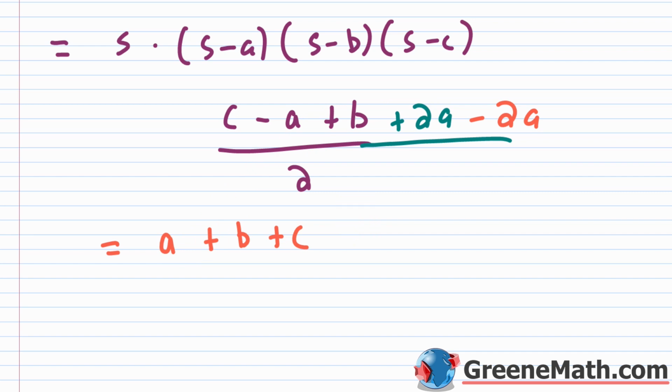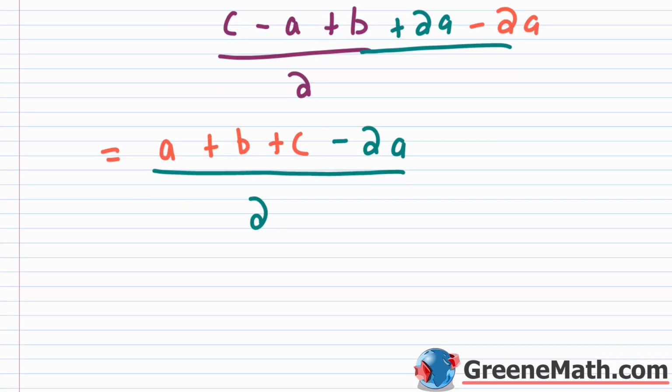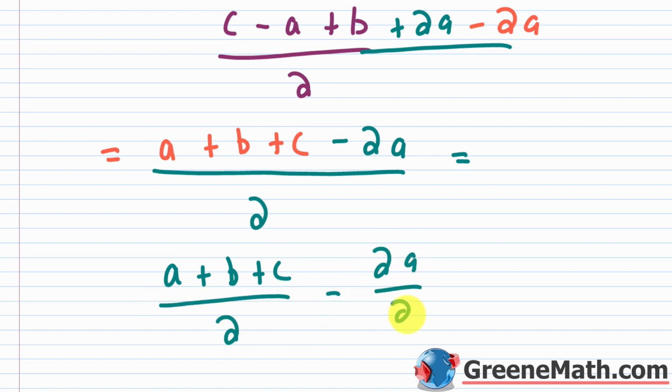So now I'm just left with, let me write this in a different color, minus 2a. Now, this is all over the common denominator of 2. So what you can do here is split this up and say that this is a plus b plus c over the common denominator of 2. So a plus b plus c over 2. And then minus 2a over 2. Remember, if you combine these guys, you have a common denominator, you would go right back to this form right here. So this is legal.